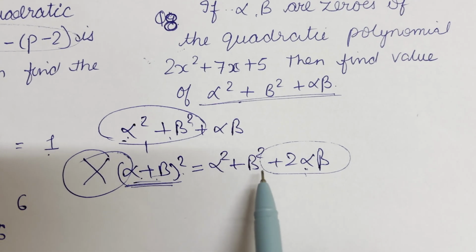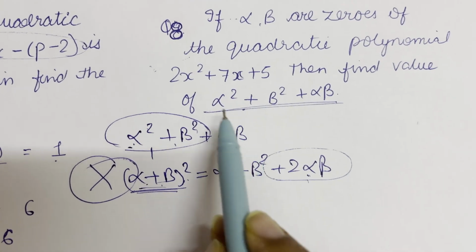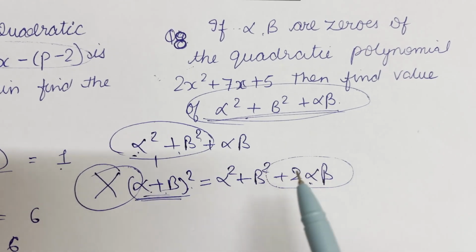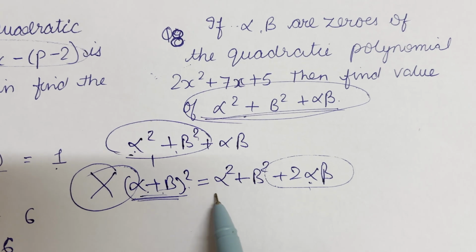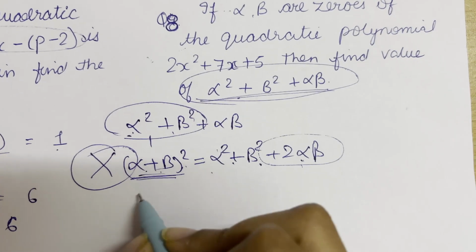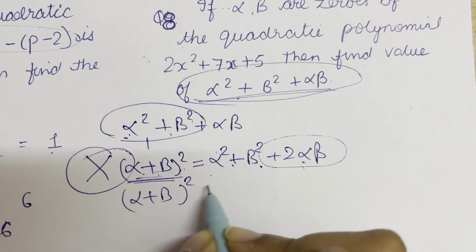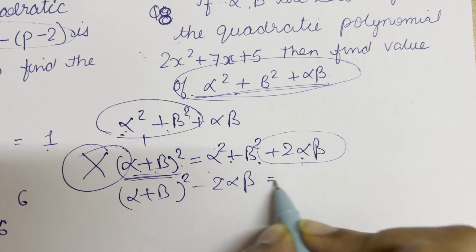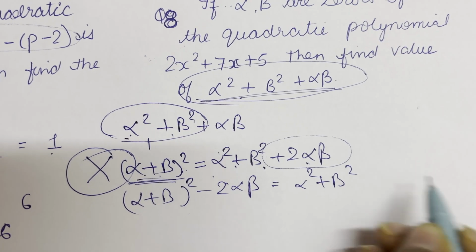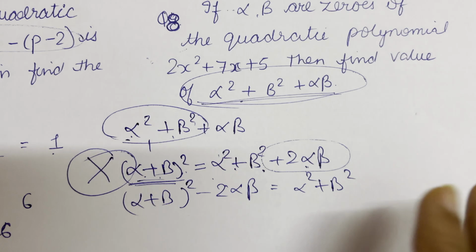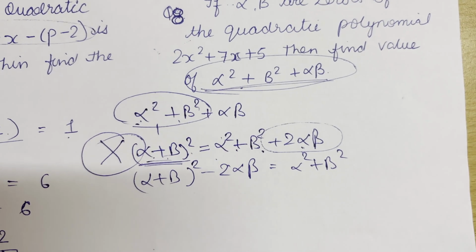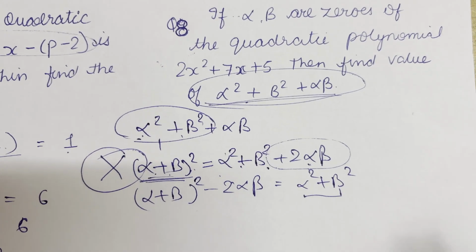So in place of alpha square plus beta square, we can write alpha plus beta whole square minus 2 alpha beta. I have just shifted the value from LHS to RHS and easily got the value of alpha square plus beta square.